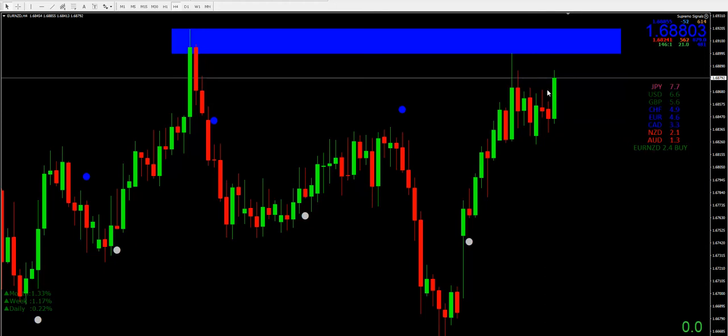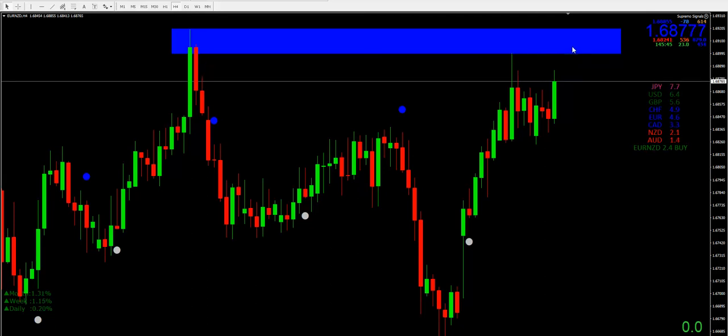What I believe would happen is this 4-hour candle will get up here, or perhaps the next 4-hour candle will get up here, and be faced with some kind of rejection, and I'll be looking to take it down.